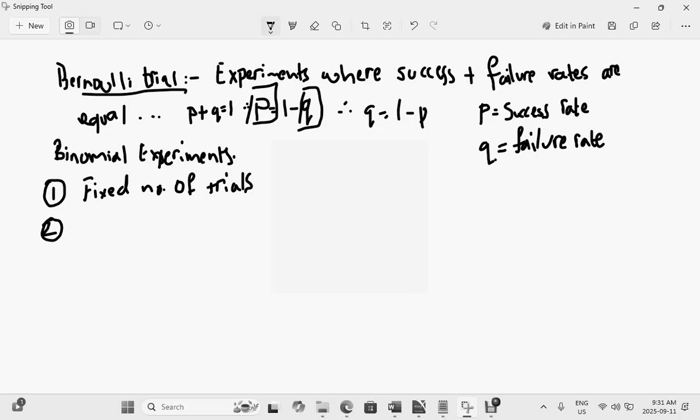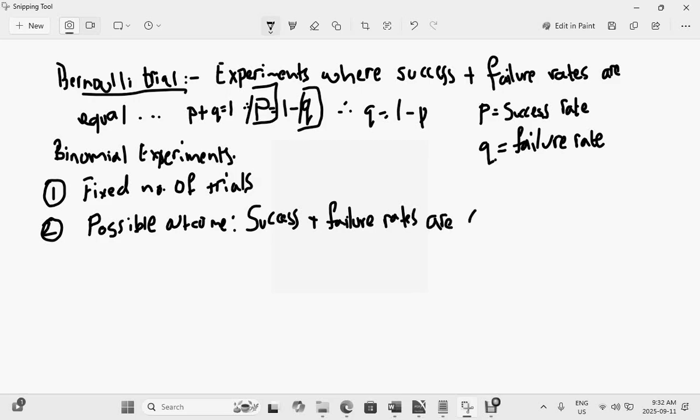So success and failure rates are the same. This is where P plus Q equals 1.